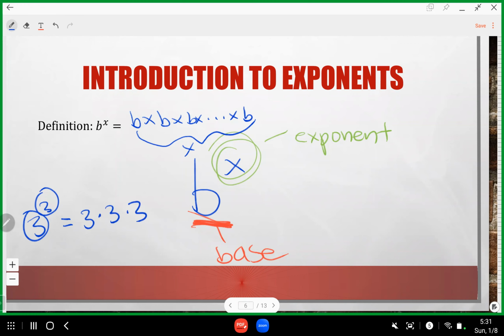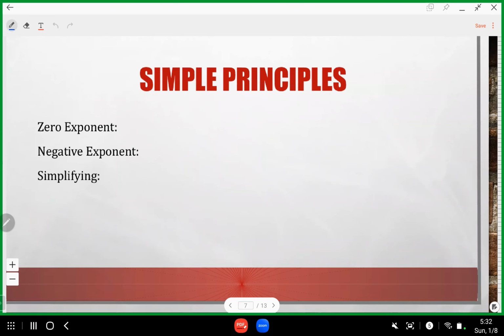So we're going to multiply 3 by 3 by 3, 3 times, right? That's going to give us 27. So that's what an exponent is. I'm pretty sure you all know what it is. Brief definition. Okay, so now we're going to go over some principles that you probably might not know.